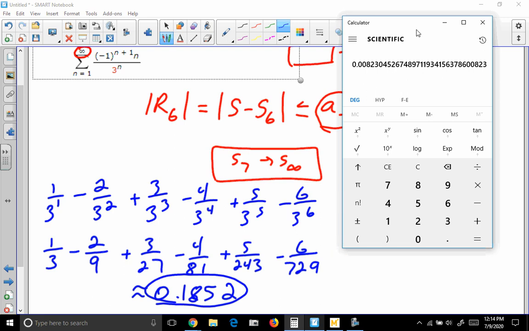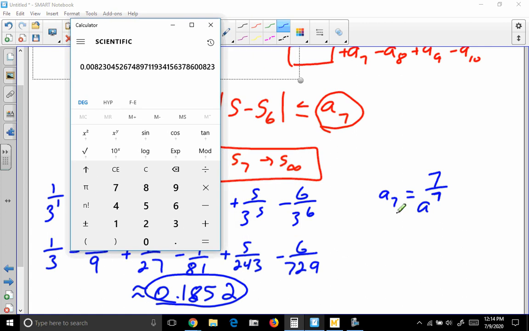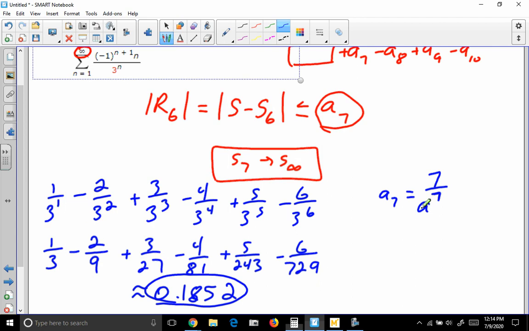So to find out how much error we have, we're going to look at the next value in the sequence. 7 over, and I wrote a to the 7th here. That was not supposed to be a, that's supposed to be 3 to the 7th.